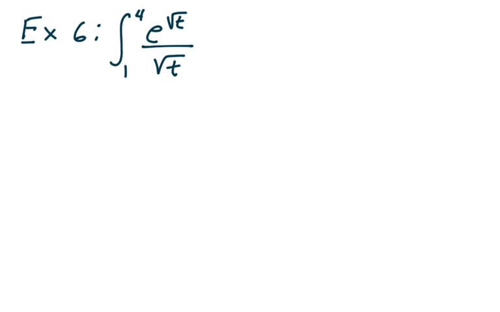For sure. So if we take a look at example 6, suppose I had the integral from 1 to 4 of e to the square root of t divided by square root of t, dt.